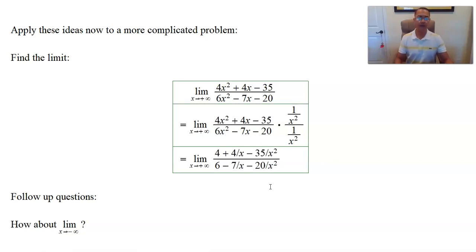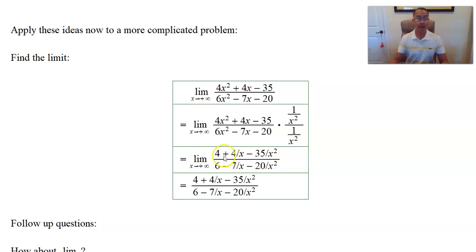So this is good because we saw that 1 over x cubed and 1 over x to the fourth go to 0. Same, of course, with 1 over x and 1 over x squared. So we're now ready to get the limit.